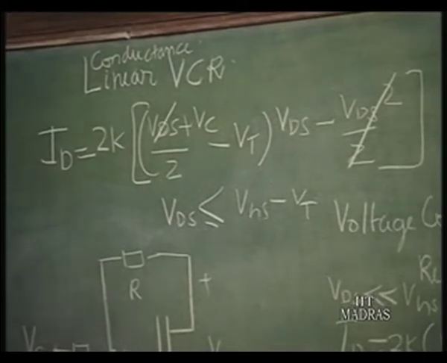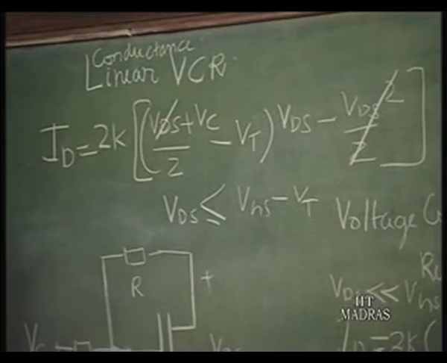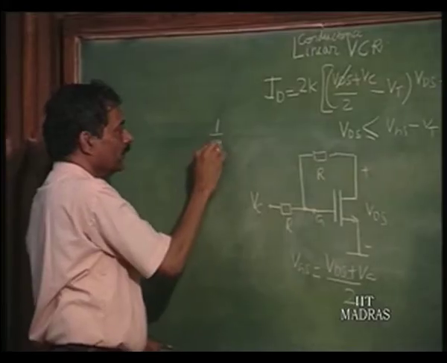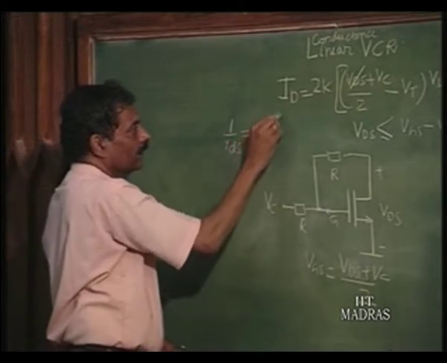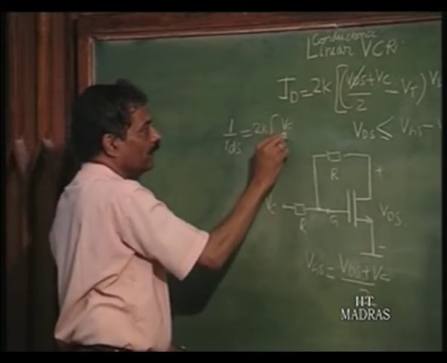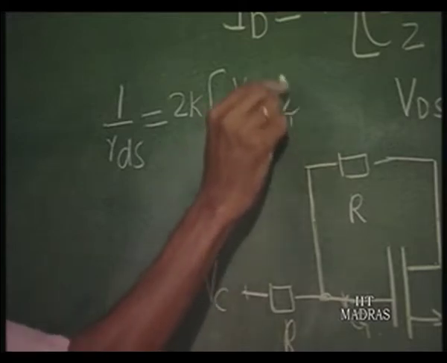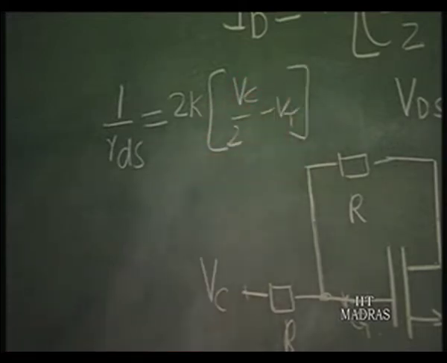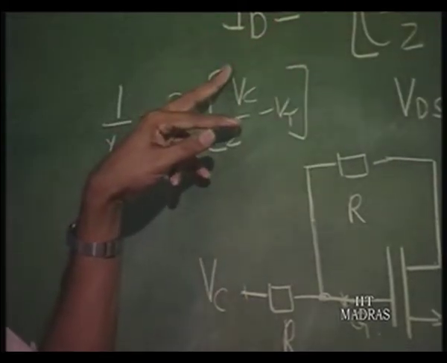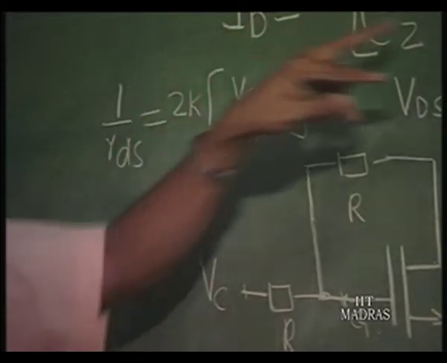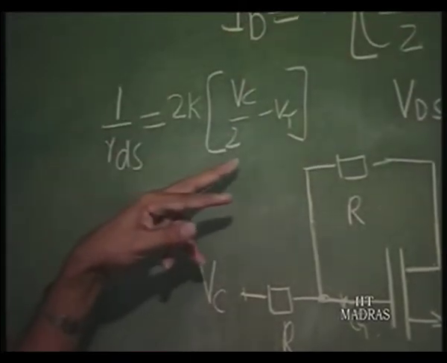So, conductance which is 1 over RDS in that case is simply equal to 2K into (VC by 2 minus VT). Okay. This is the conductance. This is simply ID by VDS. It is not delta ID by delta VDS in that case. Simply ID by VDS is conductance, it is linear.